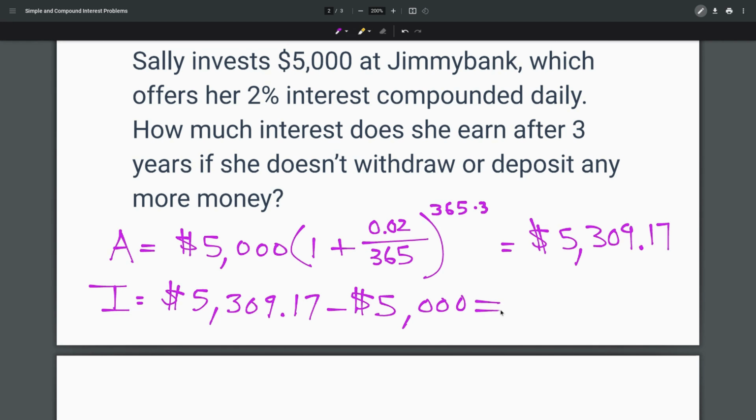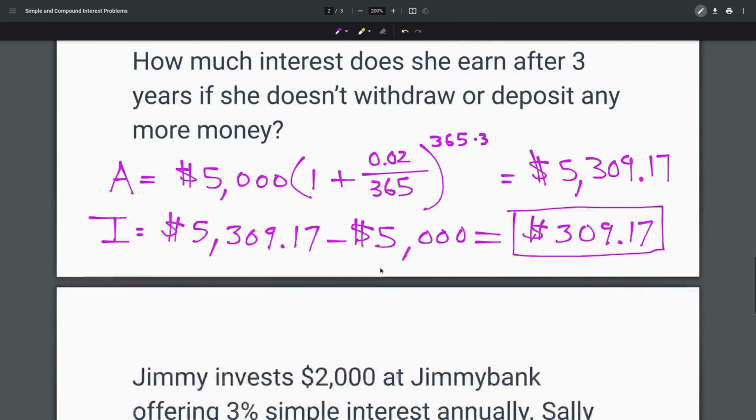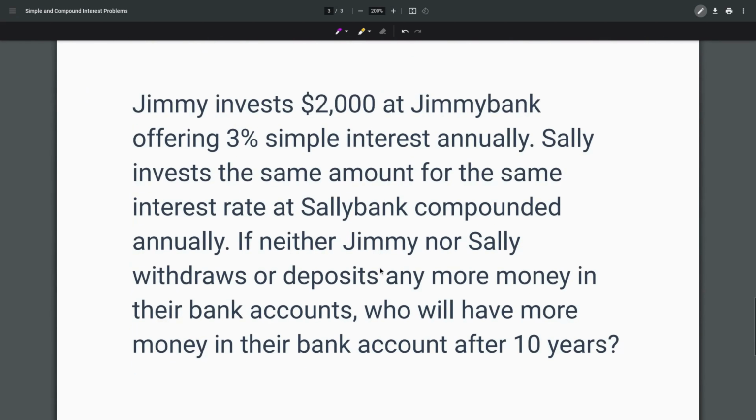So the interest here is going to be 309.17. So you've got to be careful on these problems to answer what's being asked of the question. If you just calculated this, you'd be wrong, but you do have to subtract the principal amount to get the interest.